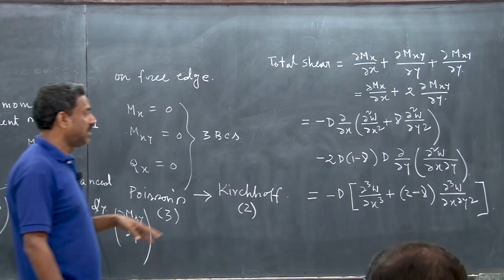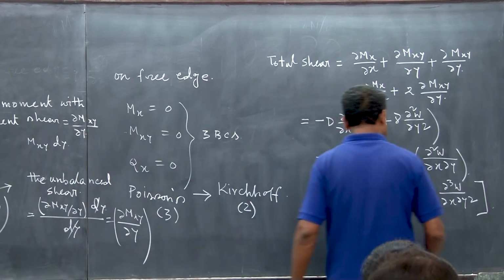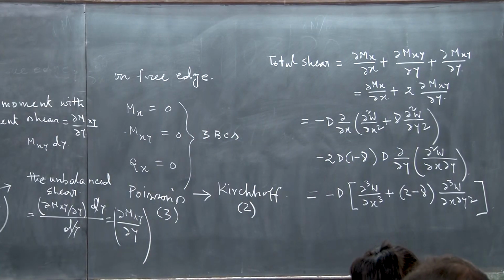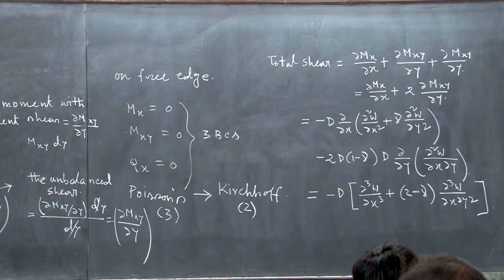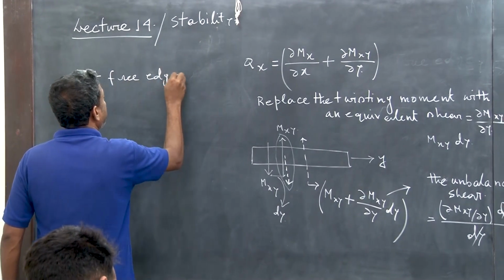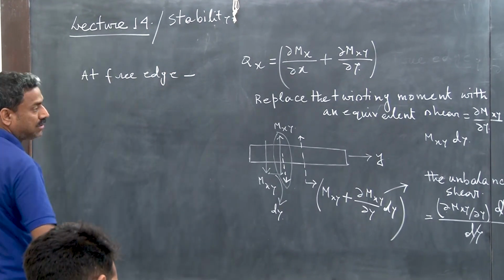So, the total shear is this, and for the free edge, make this one to be 0.